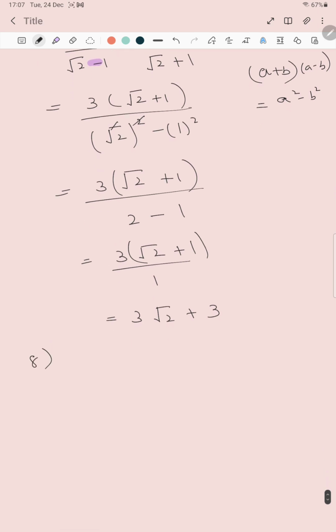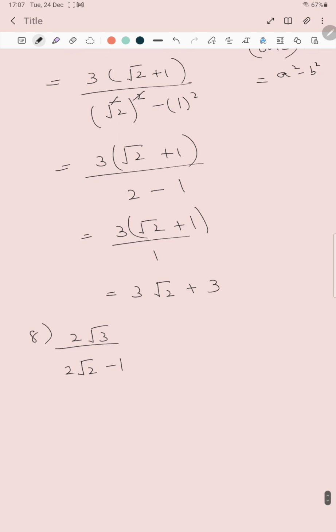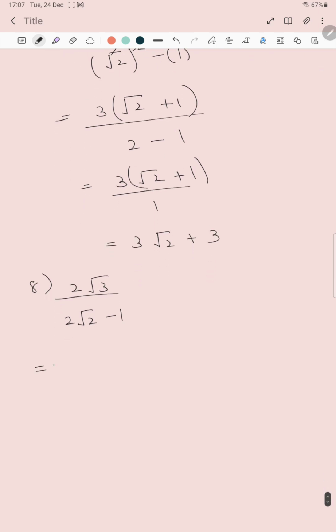So this is your answer. In another question, if you have 2 square root 3 divided by 2 square root 2 minus 1, and we have to rationalize the denominator, we will write 2 square root 3 divided by 2 square root 2 minus 1. We will multiply with 2 square root 2 plus 1 and 2 square root 2 plus 1.